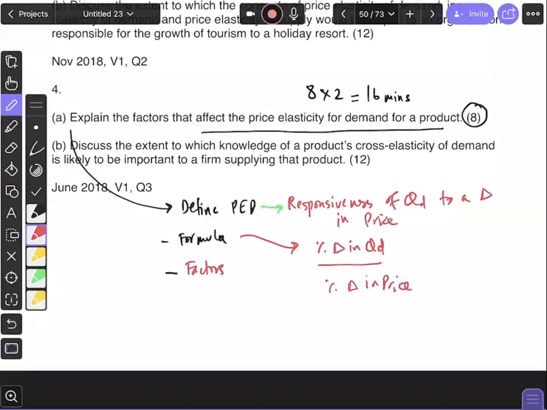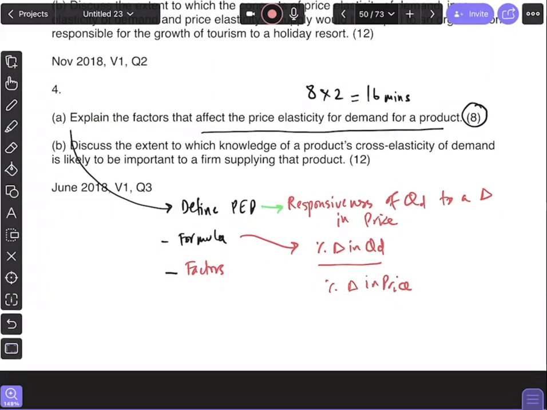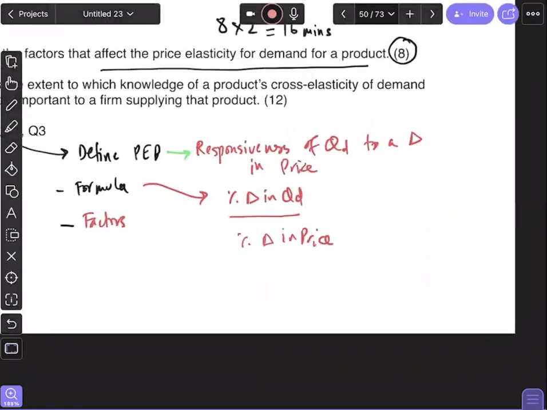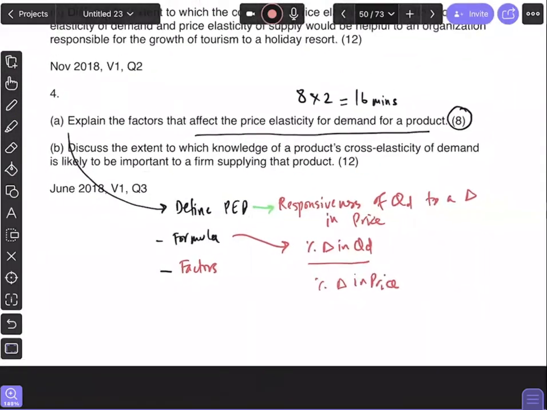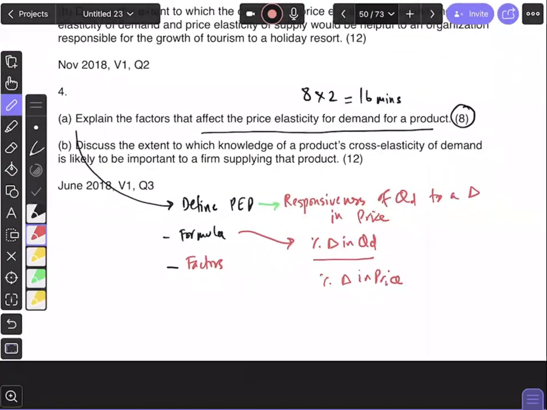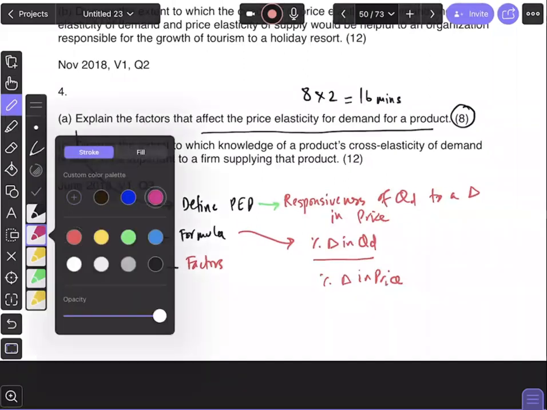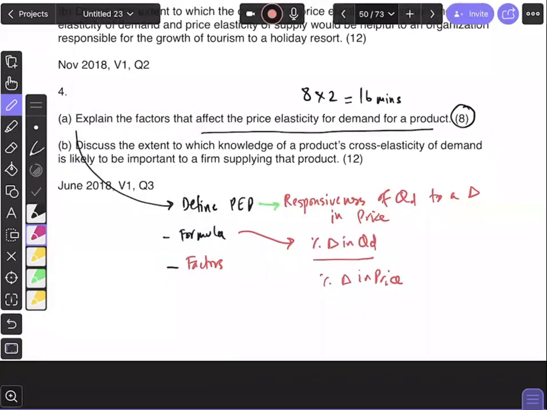We have to mention the formula, because the examiner report mentions that those who give the formula will get 1 mark for that. Make sense? If you have any questions, you can write them in the chat box, or even unmute yourself and ask me. You're totally open to do that.